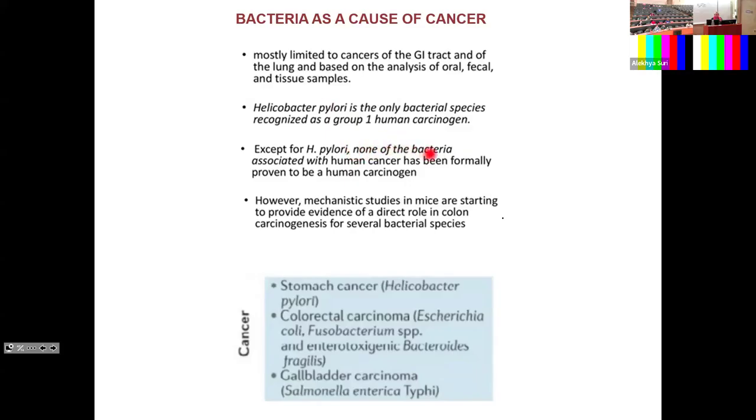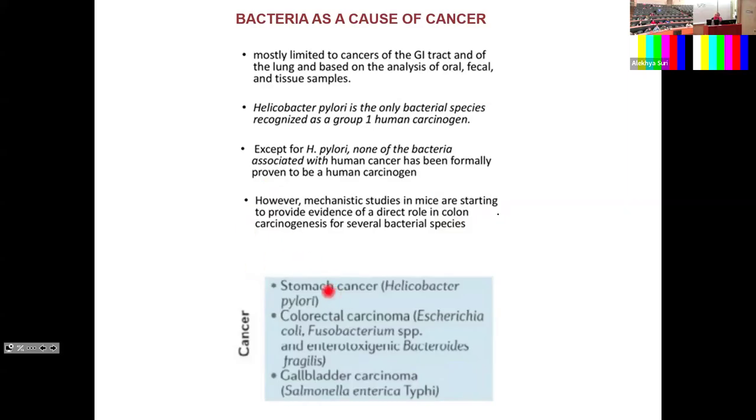None of the other bacteria associated with human cancer has been formally proven to be a human carcinogen, except H. pylori. There are also some studies done on colon carcinogenesis, but H. pylori is the number one that is characterized.